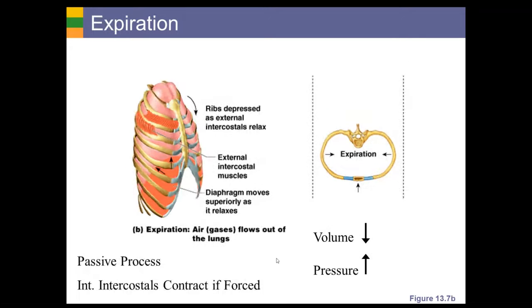What happens when you exhale? Well, the opposite. The diaphragm moves superiorly, your sternum moves posteriorly, and your rib cage falls. This decreases volume, which increases pressure, and then air moves from high pressure to low pressure, and you exhale.